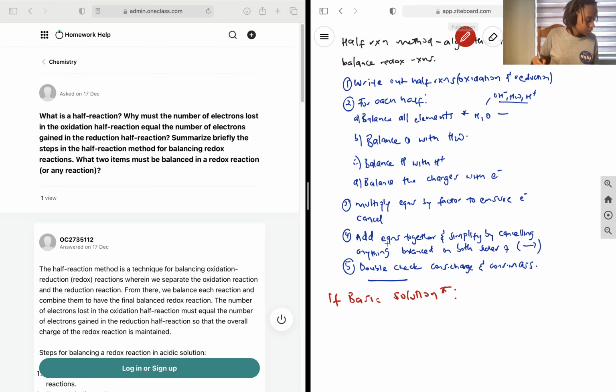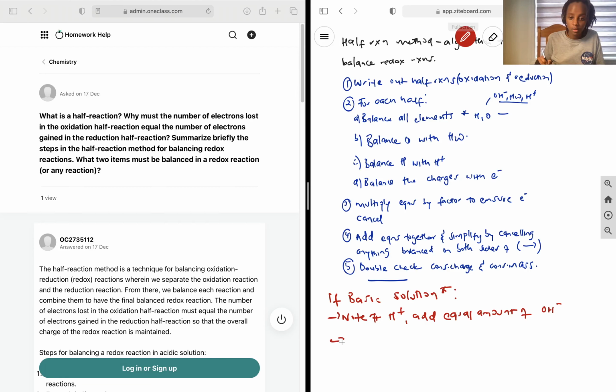What you're going to do is note down the number of hydrogen ions and add an equal amount of OH minus, because in a basic solution, it's not providing us with hydrogen ions, instead it's providing us with hydroxide ions. And yeah, add an equal amount of OH minus on both sides of the equation.